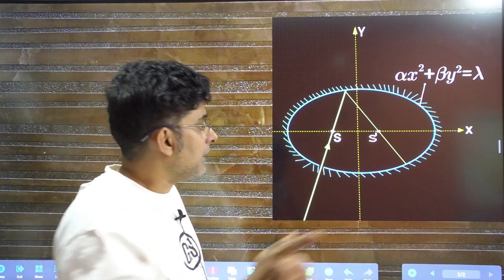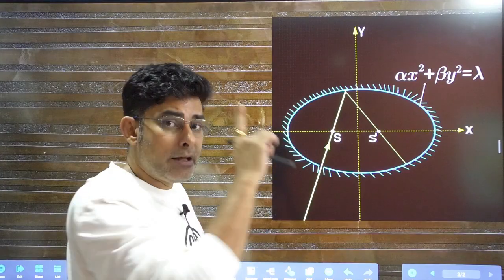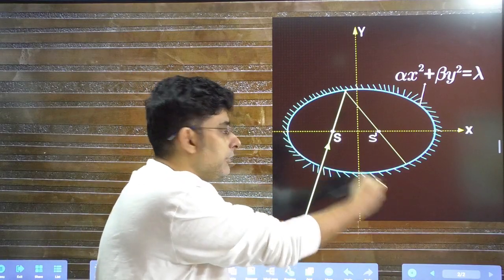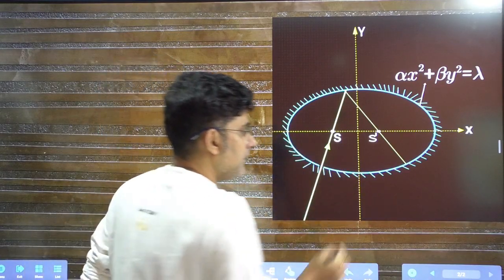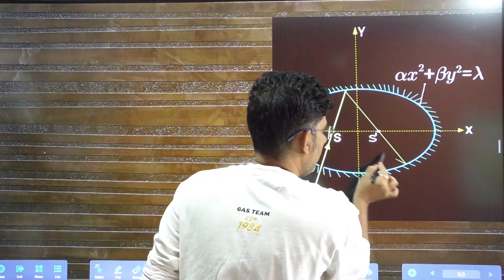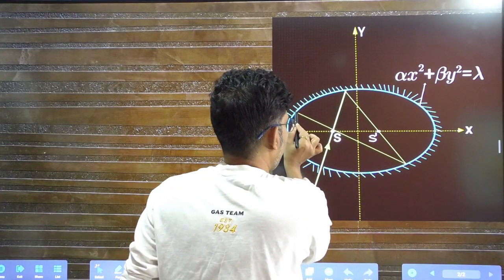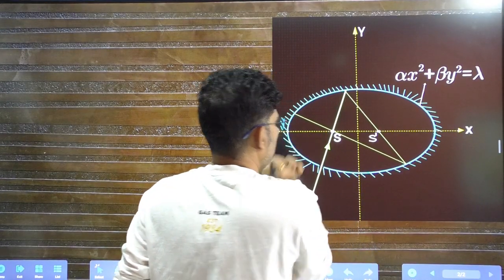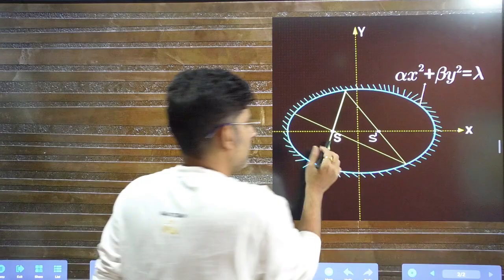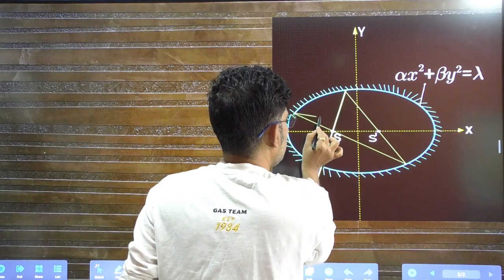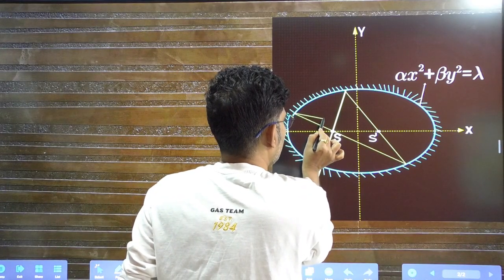Now it will not stop here, it will keep on reflecting, and every time after reflection it will pass through the next focus. That means this ray will again pass through this focus. Got it? After here again it will pass through S dash. So it will keep on doing so.